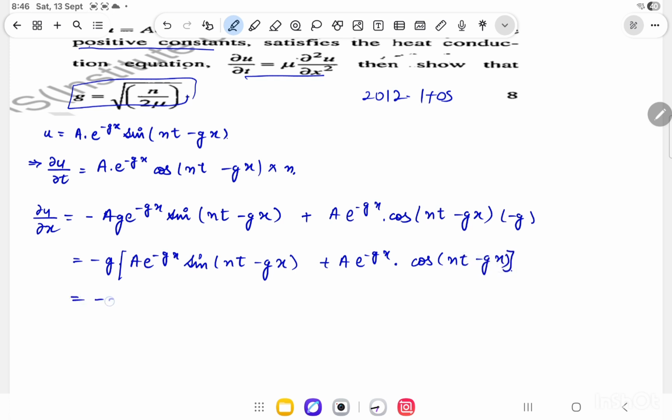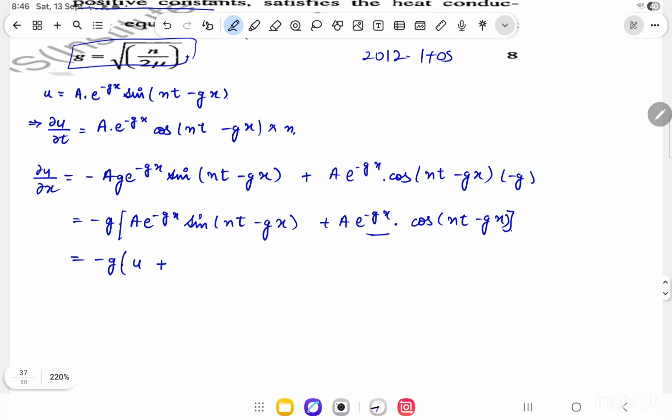So we can write it as minus g into, this is basically the u term, so it will be minus g into u plus, and value of this we can calculate it, or maybe let's keep it in this form only, plus a e raised minus gx into cos nt minus gx.